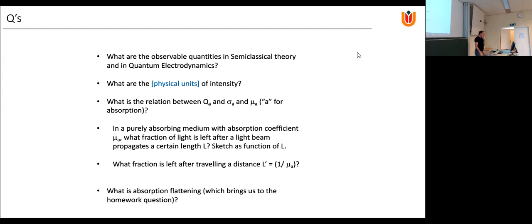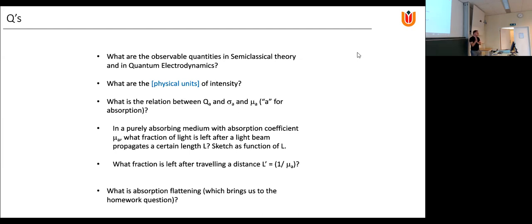Okay, then I'd like to know, if we have a purely absorbing medium, a medium in a cuvette, say a solution, with an absorption coefficient μA, what fraction of the light would be left after a light beam travels a certain length L through that medium? How does that look if you make a sketch?